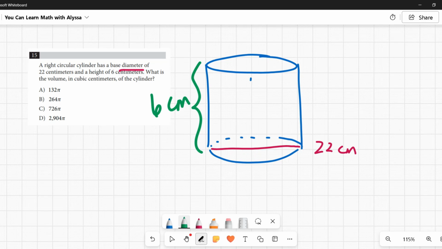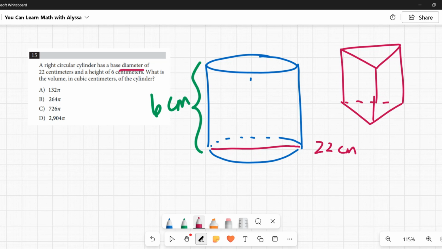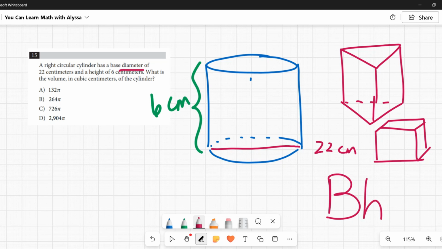Now, cylinders are in the prism family. So it falls into things like triangular prisms and rectangular prisms. The formula for all of these follows the same principle: you find the area of the base and you multiply by the height.